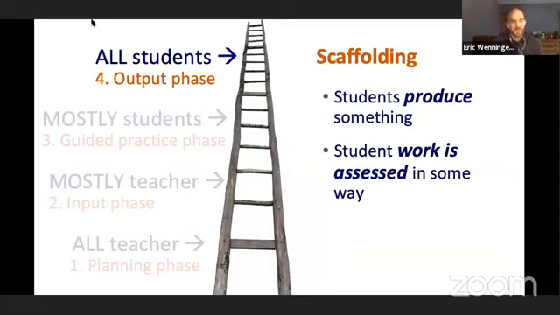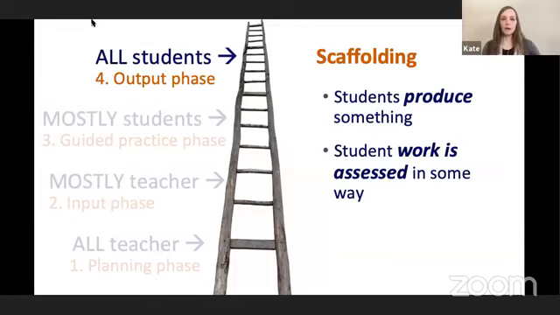So we can see with the scaffolding process, right, we've gone from all of the responsibility is on the teacher to all of the responsibility is on the student. And that's the basic process that we're going to walk through with our examples, and we're going to see how we can use graphic organizers throughout.